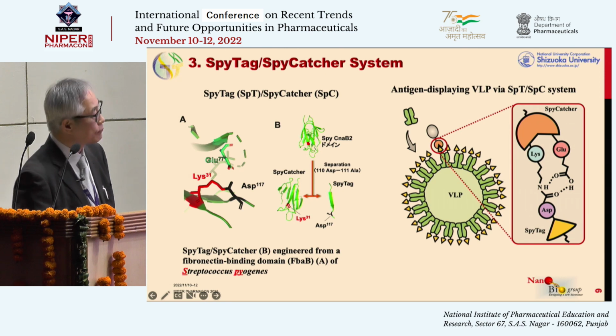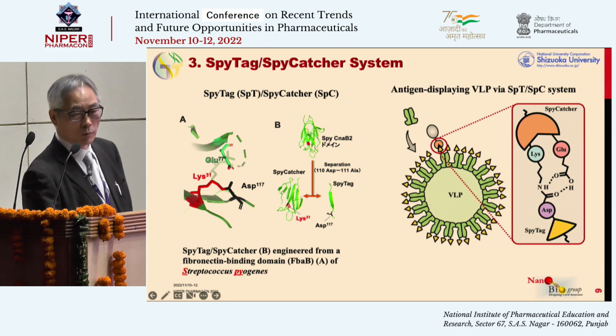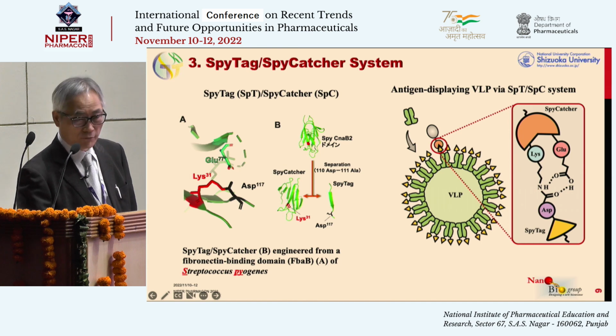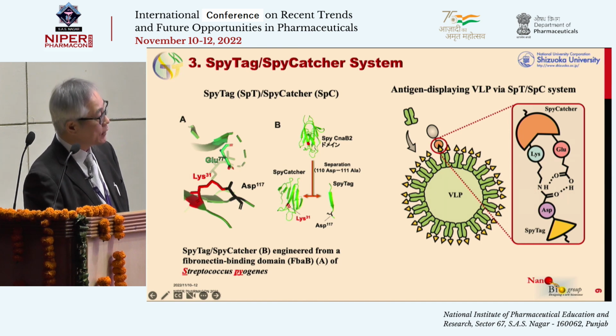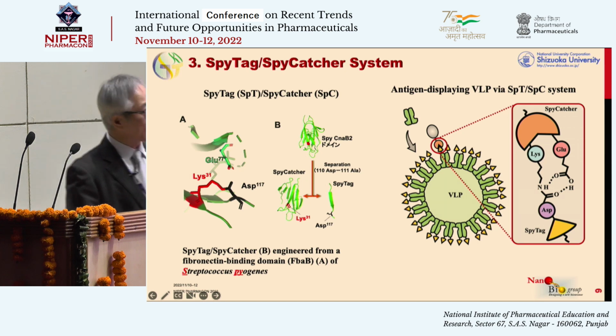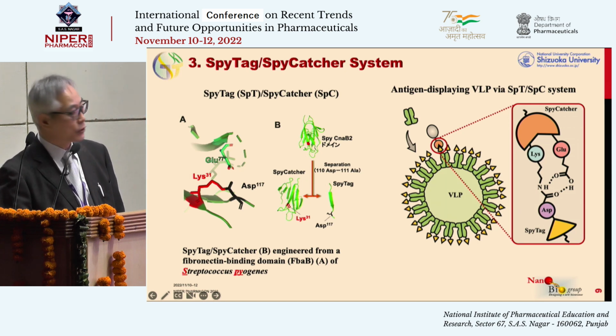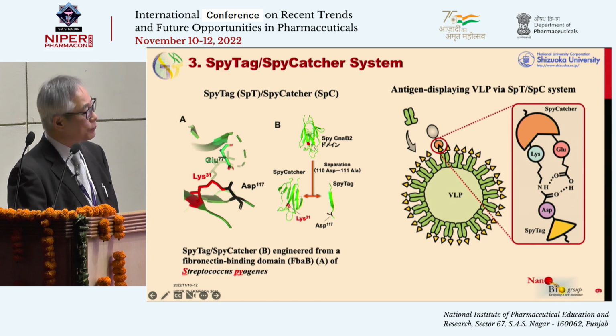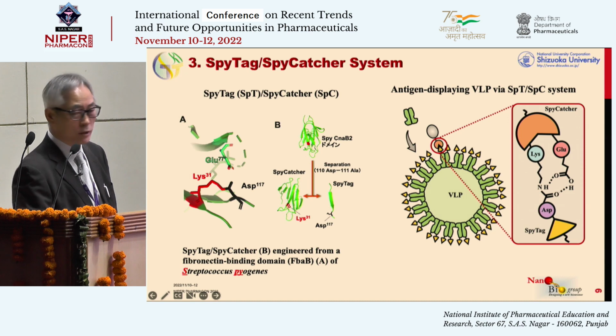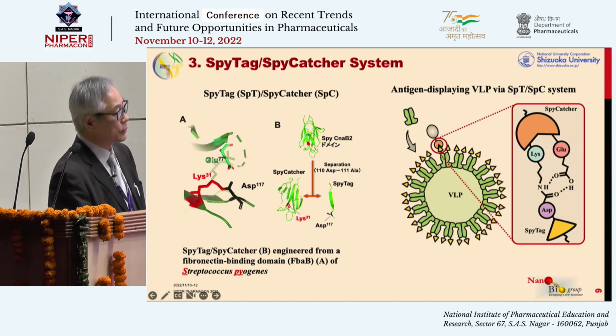How to do it? We use a monomer protein for preparing VLP, and this monomer protein is fused with the SpyTag or SpyCatcher domain and expressed. Here you can see SpyTag displayed on the surface of this VLP. Also, we fuse the protein of interest, for example antibody, antigen, or some functional protein, to SpyCatcher.